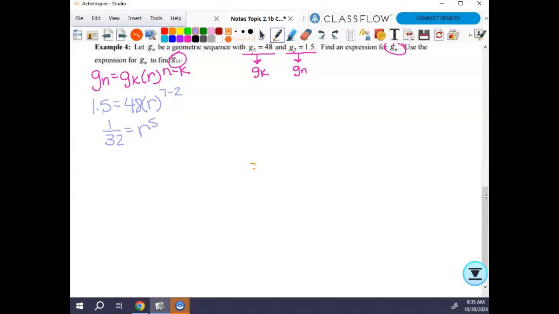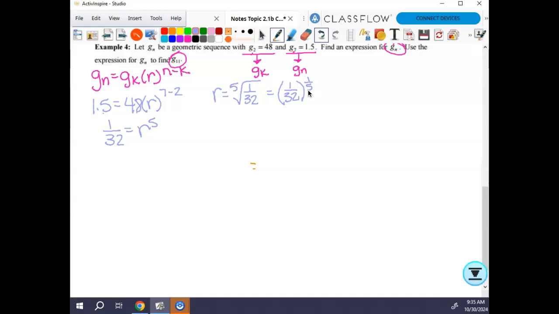I don't multiply 1/32 by 1/5. It could be to the 1/5 power, but I don't multiply this. What's another way to write it? The 5th root, right? r equals the 5th root of 1/32, which is also to the 1/5 power, absolutely.